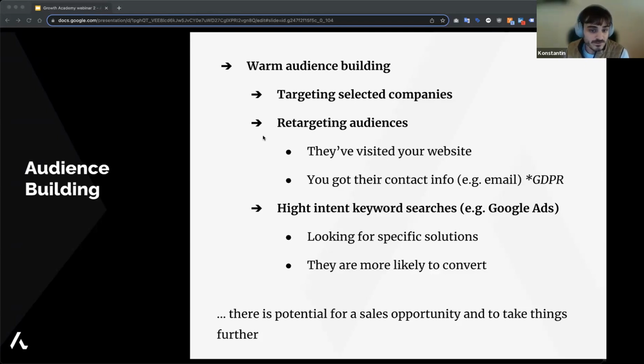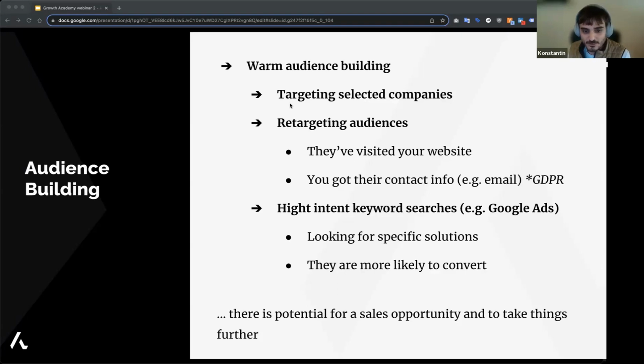But another thing to mention here, it's kind of a GDPR thing, if you know, you know: under GDPR, you cannot use all emails to target people with your advertising, because of the law.